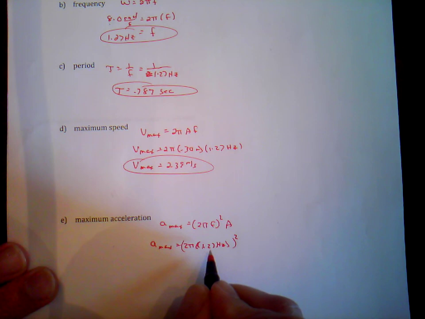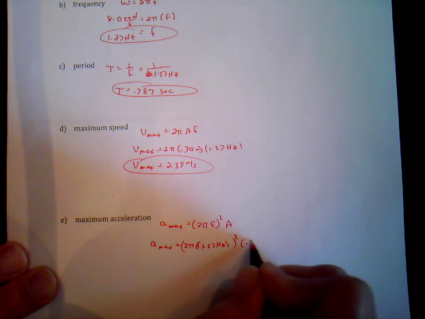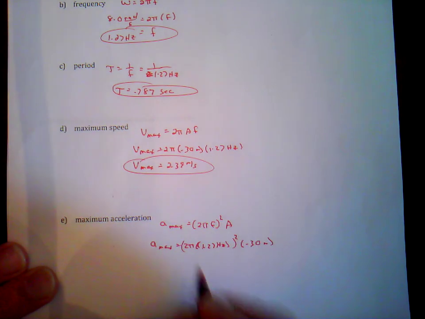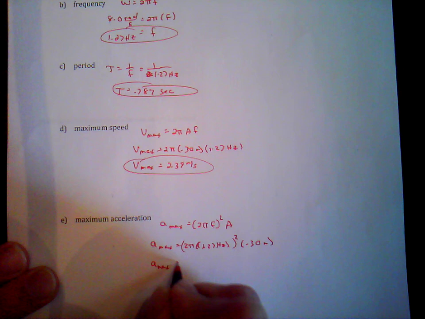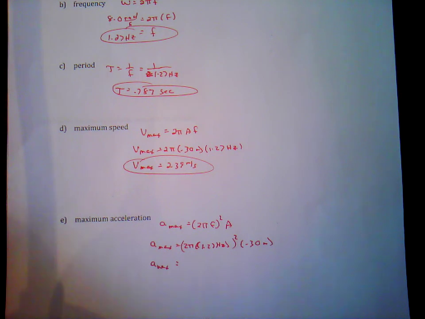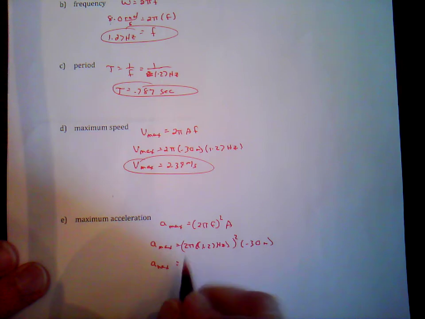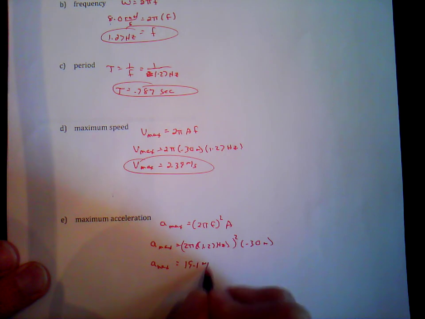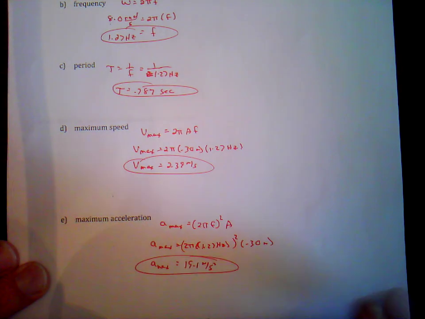Make sure you understand all this is squared. And the amplitude is 0.30 meters. That maximum acceleration, again, occurs at its maximum displacement from equilibrium position. And that should be 19.1 meters per second squared for that maximum acceleration.